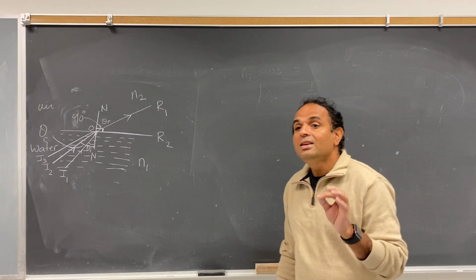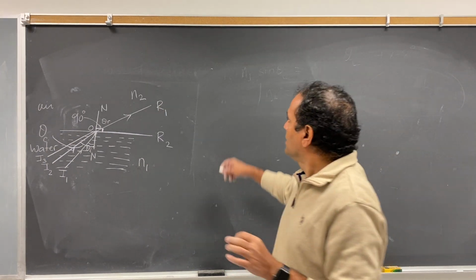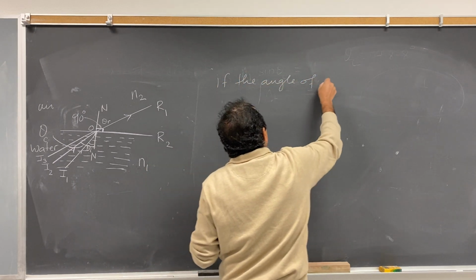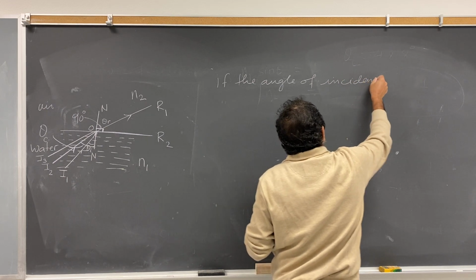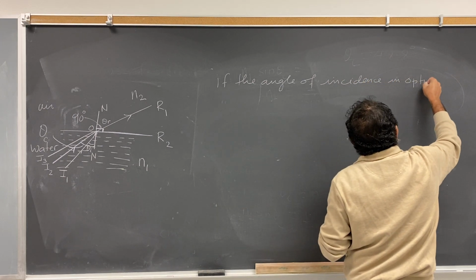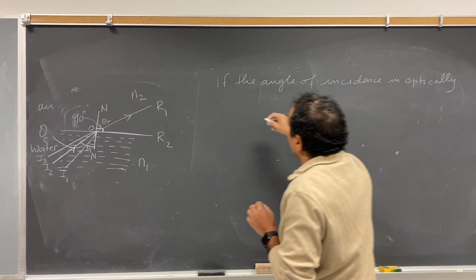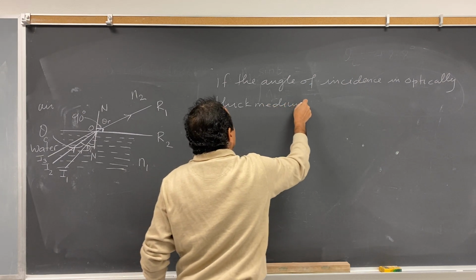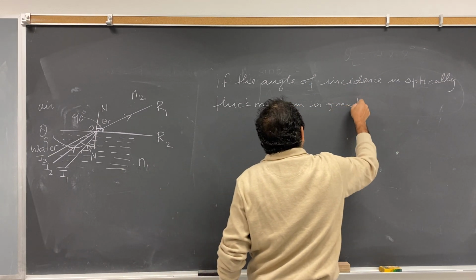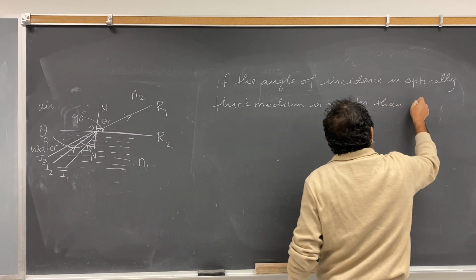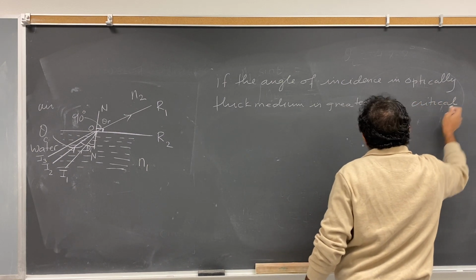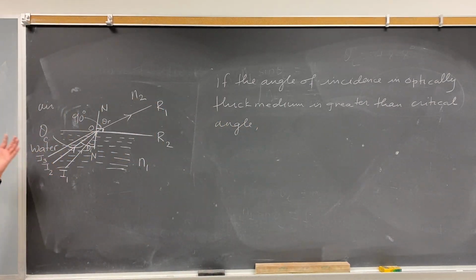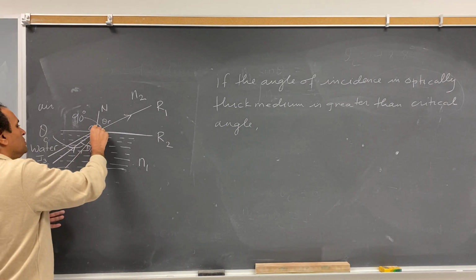Think about it. If the angle of incidence in the optically thick medium is greater than the critical angle, what happens in this case? In this case, simply the light gets back to the same medium.